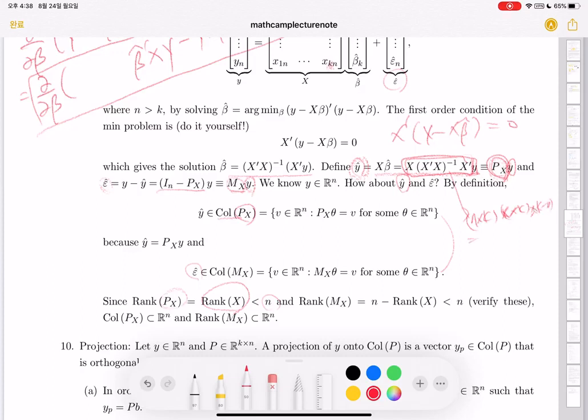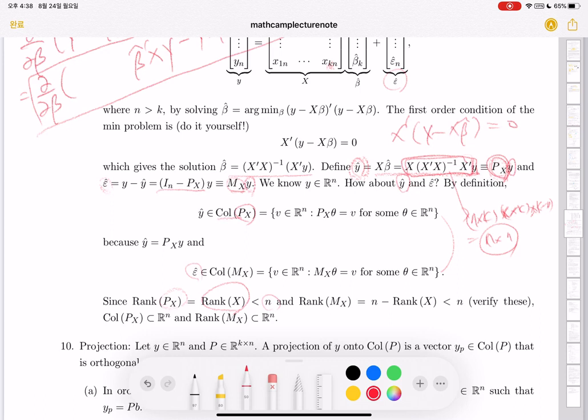So in total, P sub x is an n by n matrix, right? It's a square matrix of dimension n. But the rank of P sub x is smaller than n. It's actually the rank of x, which is in this case k.